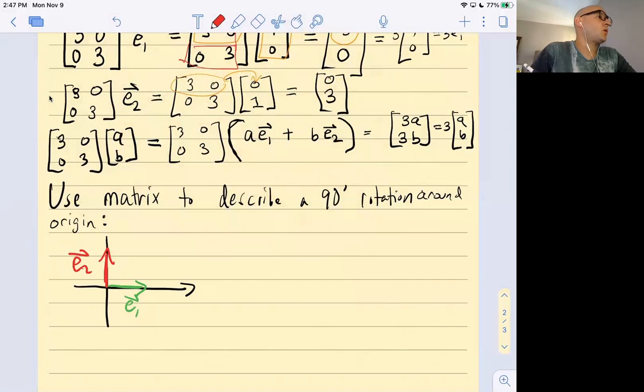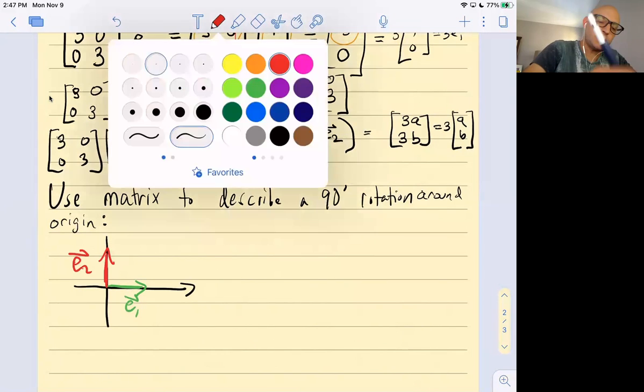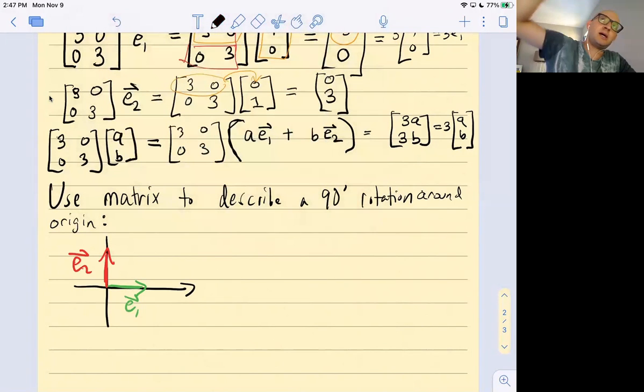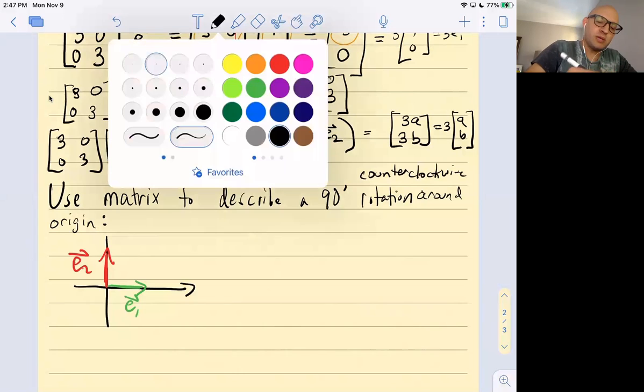Okay, what happens to the green arrow? If I do a 90-degree rotation, let's make it counterclockwise. We can do either one, but let's just do counterclockwise. So what happens to the green arrow after I transform it?